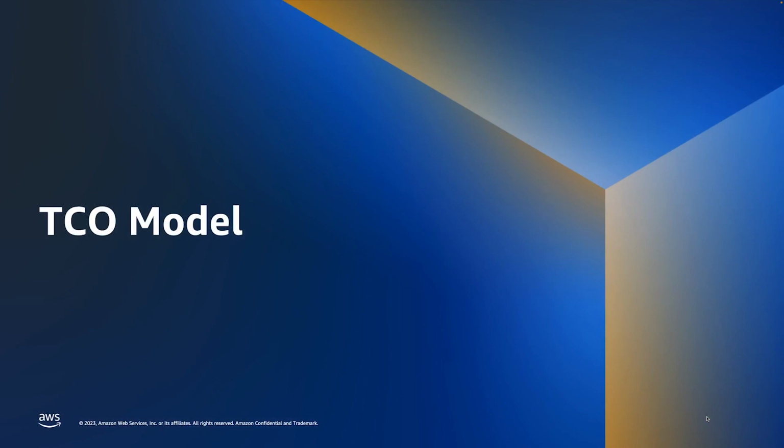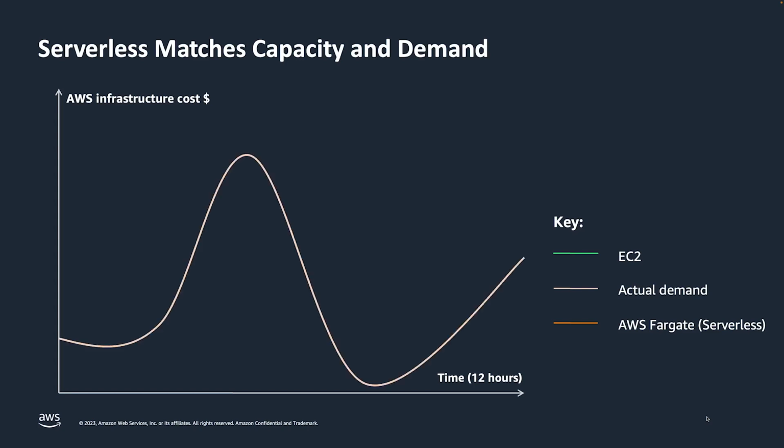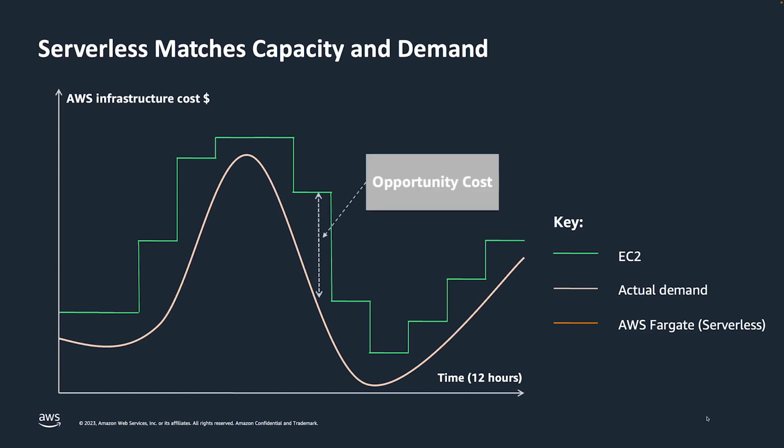Let's have a look at the cost model. So let's look at actual demand and infrastructure cost over 12 hours. As you can see here, with ECS on EC2, we're scaling around this.